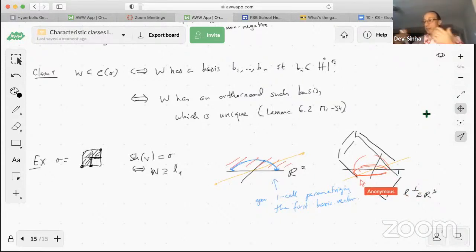And in fact, not the equator either, because this is the open cell. So then I've got an interior of an open 2 cell's worth of possibilities for the second basis vector.